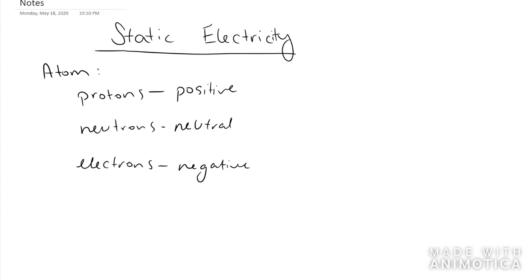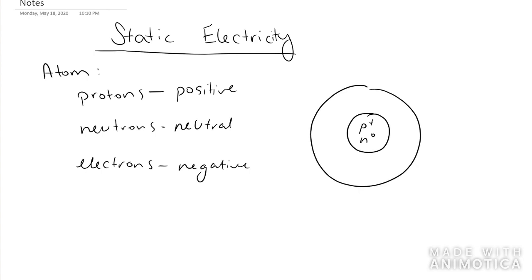But we also have to look at where they're found. So in my atom, in the nucleus, I have my protons and my neutrons. And then around that, I have my electrons.